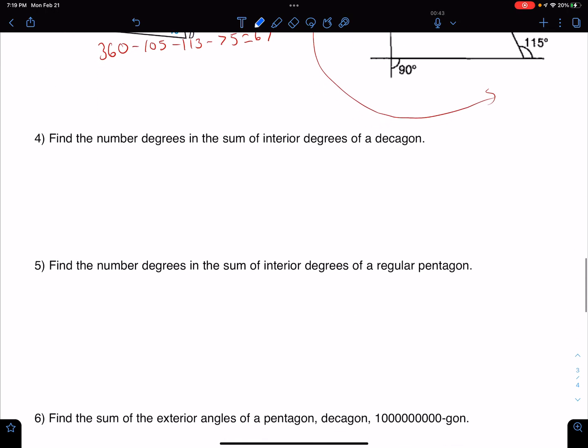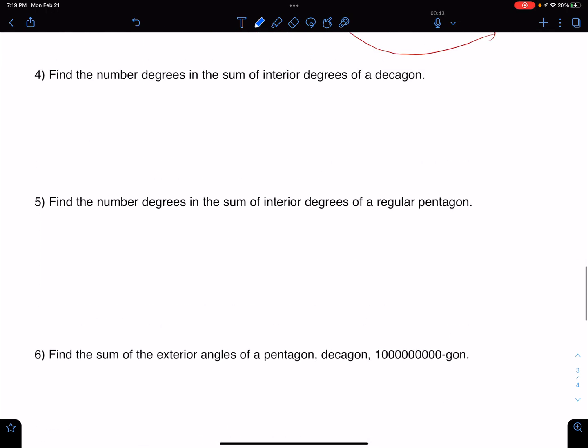Okay, number 4 says find the number of degrees in the sum of interior angles of a decagon. Sum of interior angles, I think n minus 2 times 180. A decagon has 10 sides, so 10 minus 2 times 180. So I know that's just equal to 1,440 degrees.